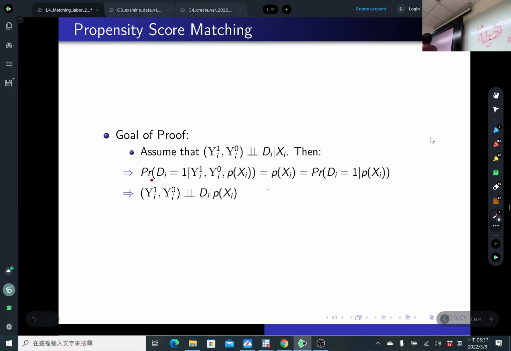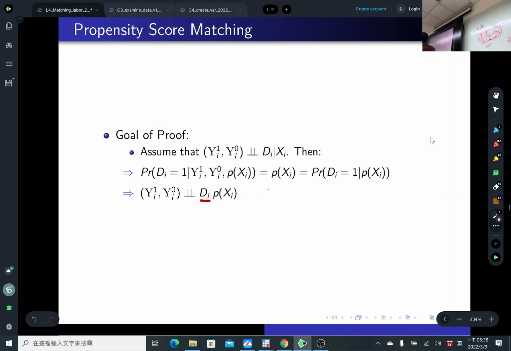So we want to show this term, the probability of getting treatment conditional on the value of potential outcomes and the propensity score, is equal to the treatment probability given the propensity score itself. Okay. So we want to show this is the same. And if this is the same, it means you just need to control for the propensity score.